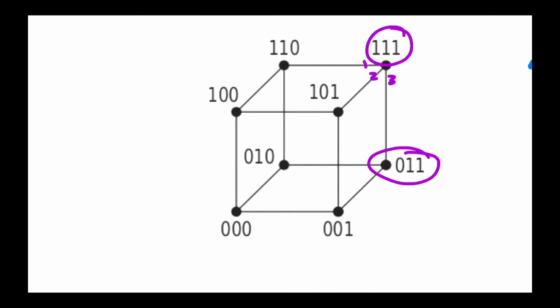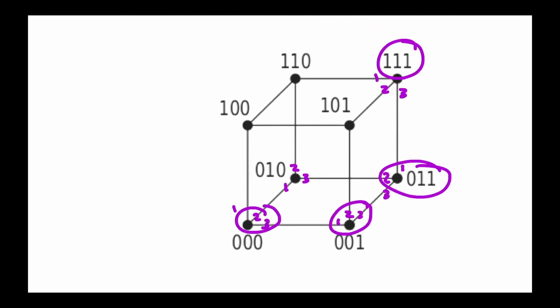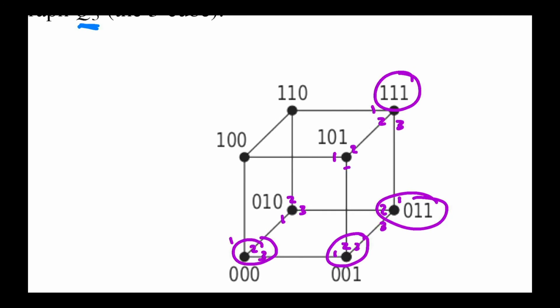So like one down here, how many edges does it have? 1, 2, 3. So it also has 3. What about this one? 1, 2, 3. This one, 1, 2, 3.